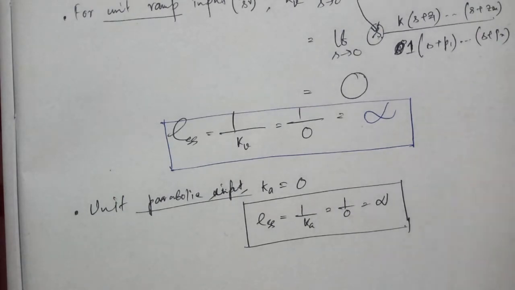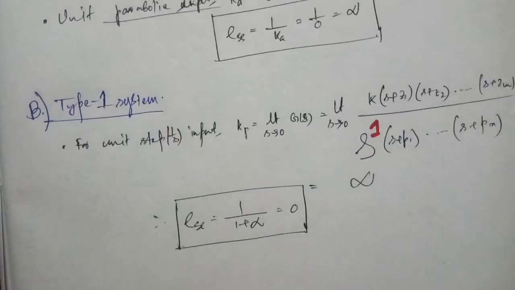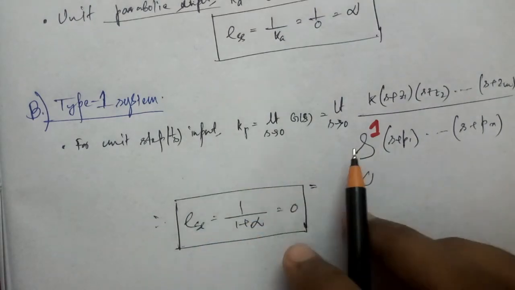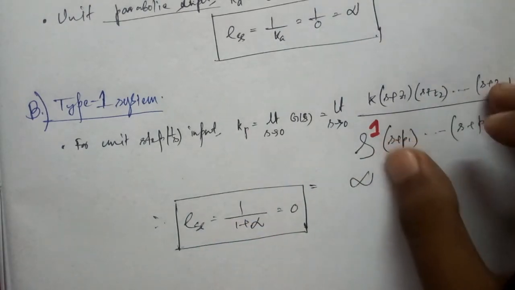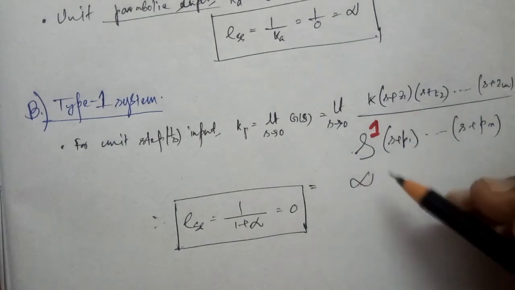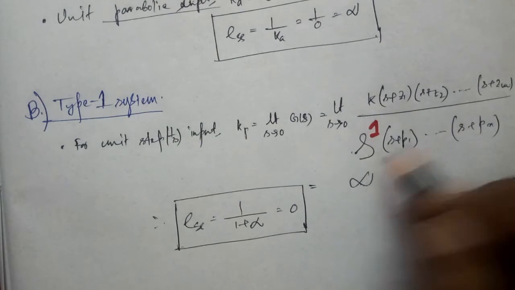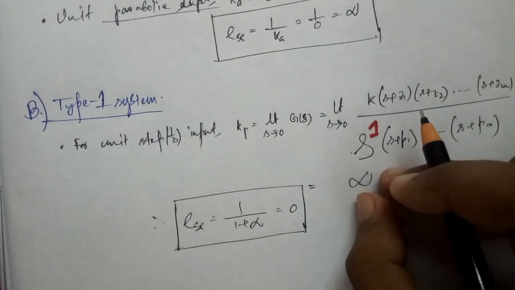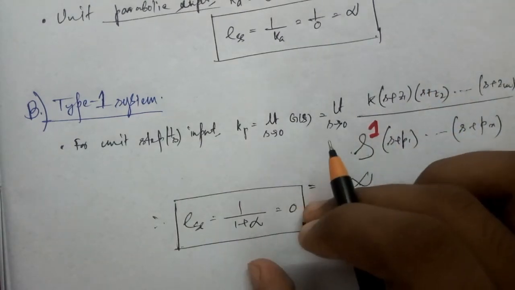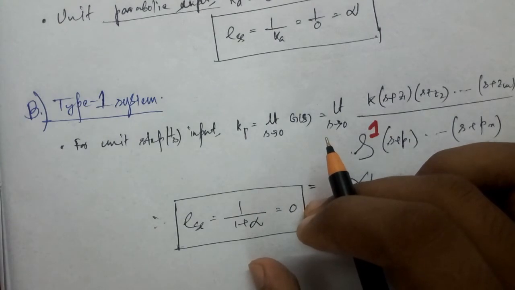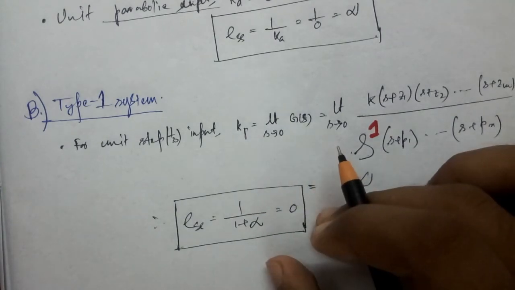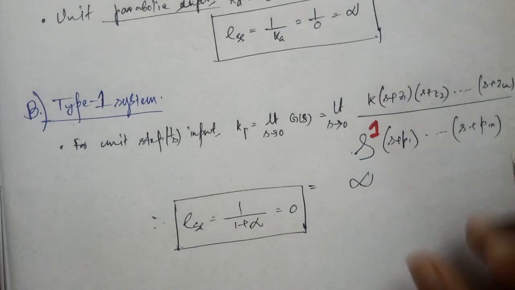Now the type 2 system. We will do the type 2 system in a similar process. For unit step input, in this case Kp will be limit s tends to 0, but the difference is in the G(s) term there will be an s square term in the denominator. So when we put s tends to 0, this whole term will become infinite, and when we put that in the steady state error expression, that is for unit step input 1 by 1 plus infinite, the whole term will become 0.